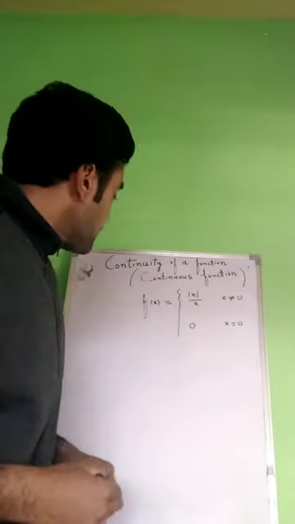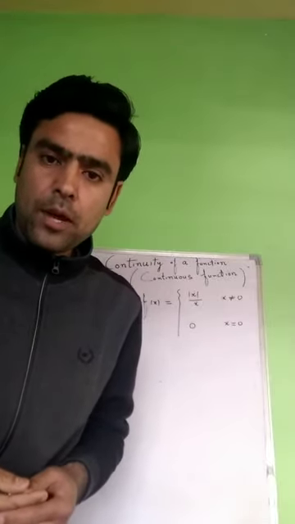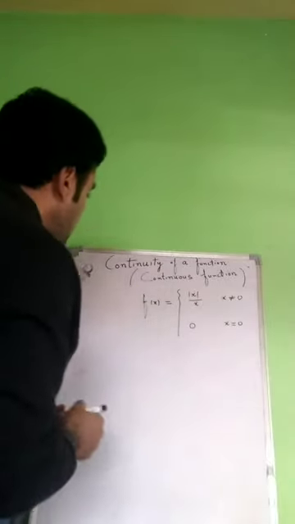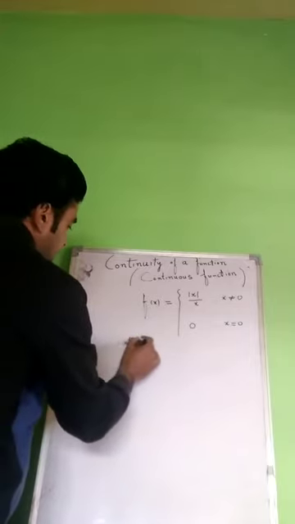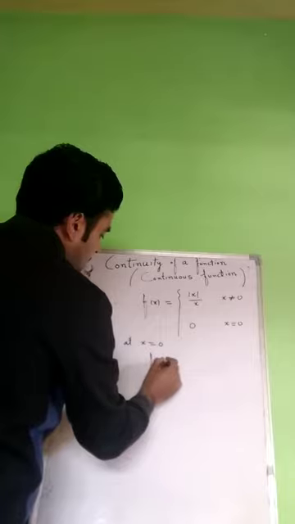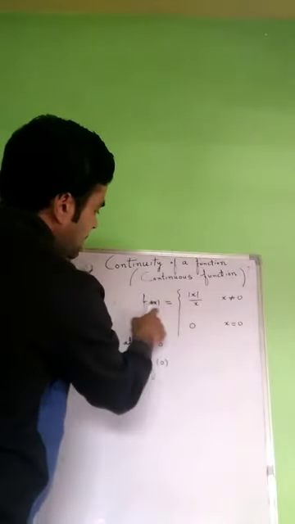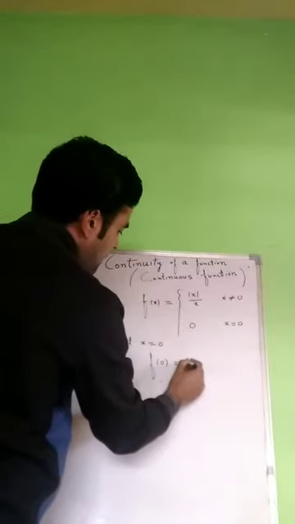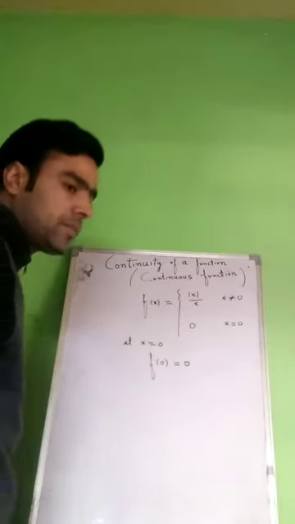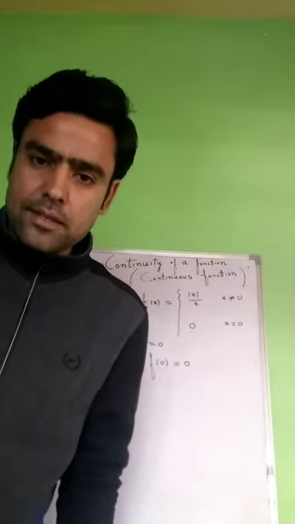So let us check whether the function is continuous at 0 or not. At x is equal to 0, f of 0, the value of the function, is equal to 0. Thus, the value of the function at x equal to 0 exists.